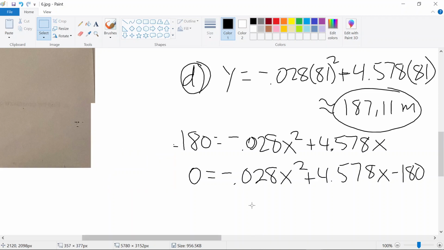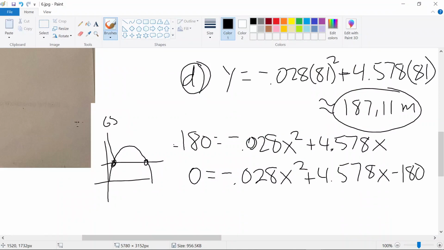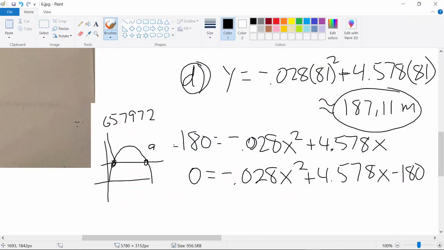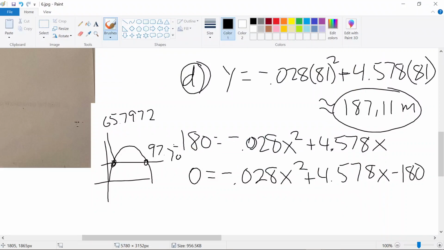I am not an artist. I'm sorry. Okay, here's a parabola, and 180 meters, say, is there. And this x value is 65.7972. And this value is 97.7028.